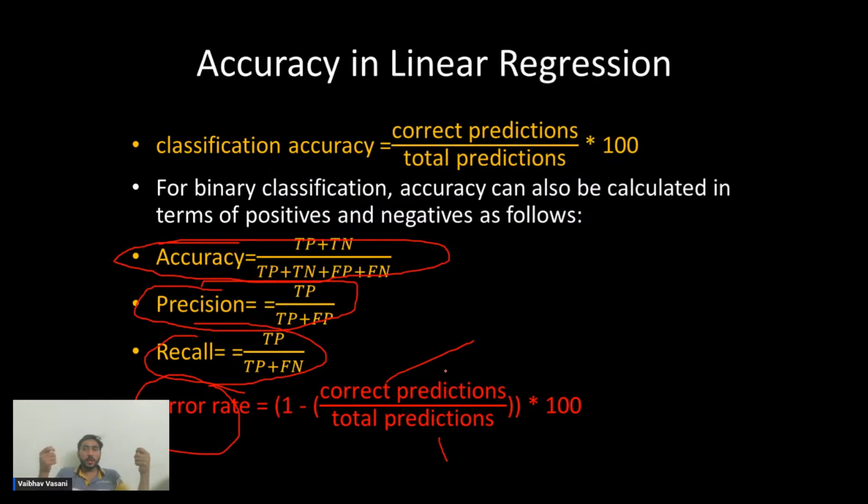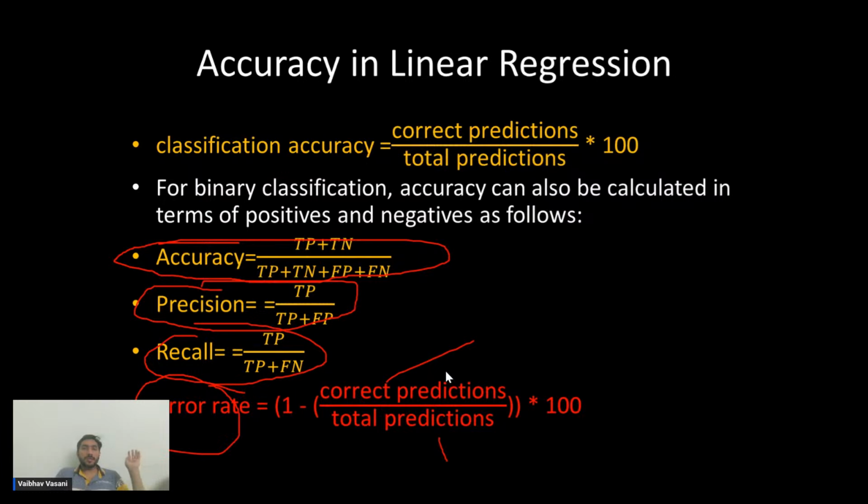If it feels good, only then they buy. Rough cloth we don't buy, right? So quality is very essential. The models we create, we need to check their quality with the help of accuracy, precision, recall, and error rate.